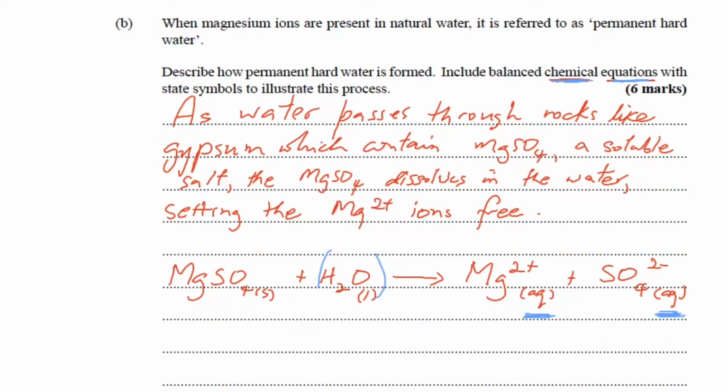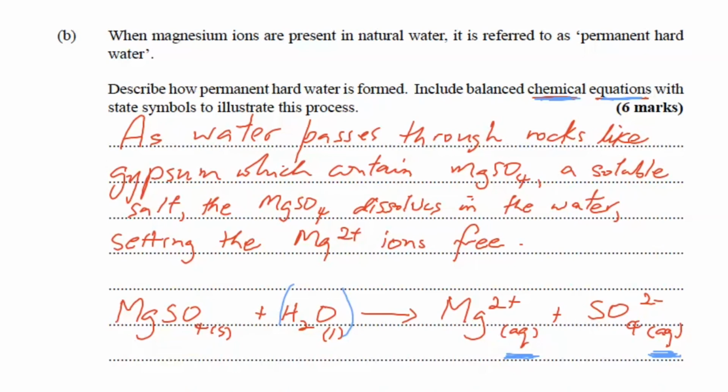And this question, I think, is not ambiguous, but it's designed to trick, and this is my opinion. It's designed to trick because with temporary hardness, when we look at the formation of temporary hard water, we have one equation, and then that same equation shows how the temporary hardness is removed or treated.